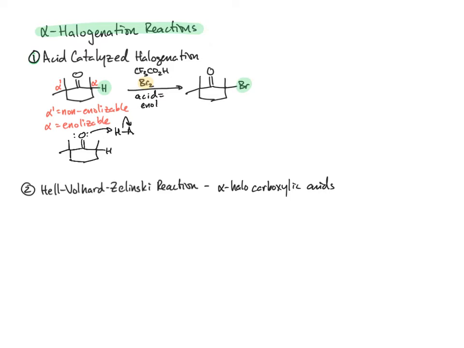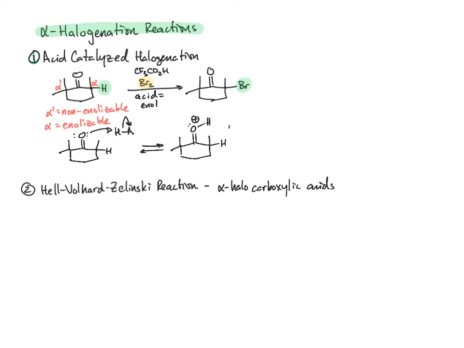is protonation of the oxygen of the carbonyl using HA. The carbonyl is now protonated through that proton transfer. Only the alpha carbon is enolizable.